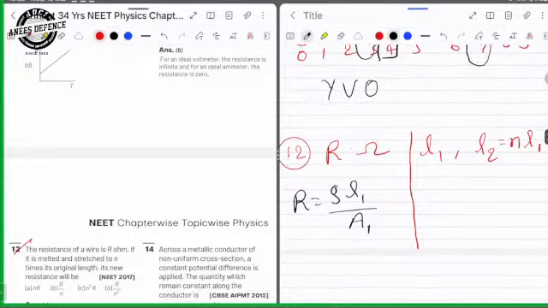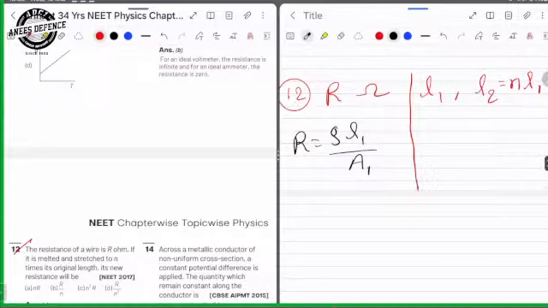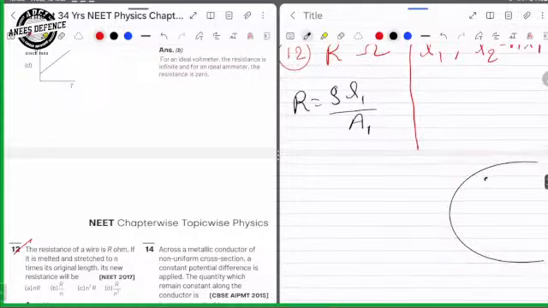Now, in second case, L2 is n times L1. Always remember, volume can't change if you stretch or compress any wire. Volume remains constant. For example, consider this wire. Area is A, cross section area, length is L. So volume is what?